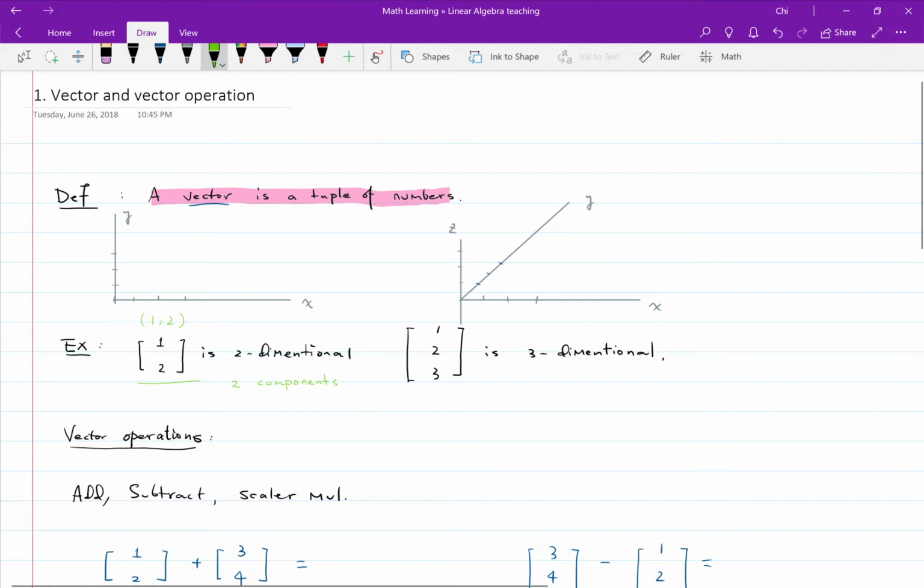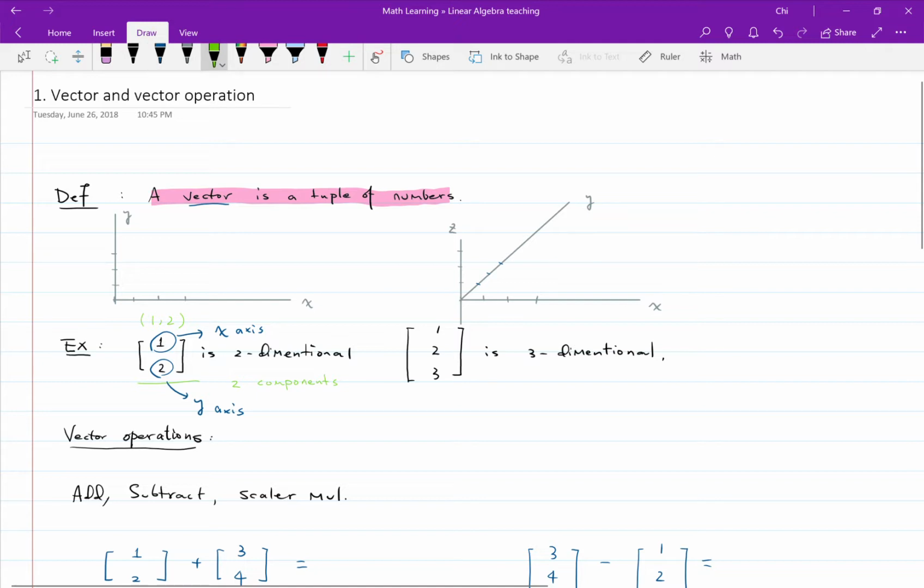So if we want to visualize this 1, 2 in a two-dimensional space, which is represented by x and y axes, the first number here is a number on the x-axis. And 2 would be on the y-axis.